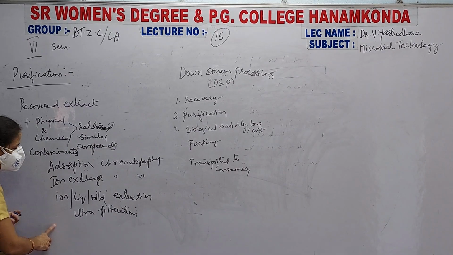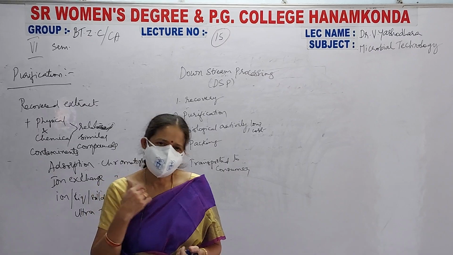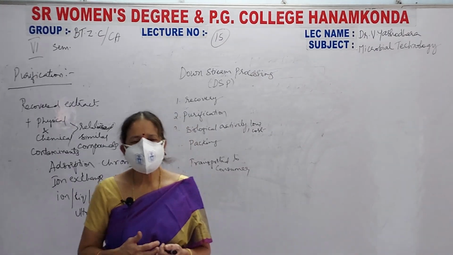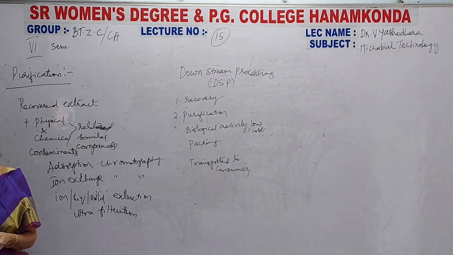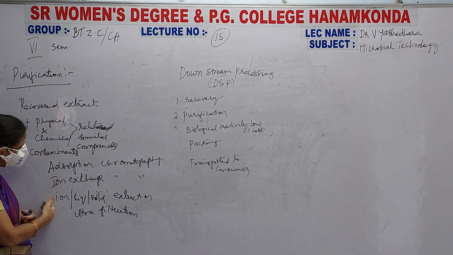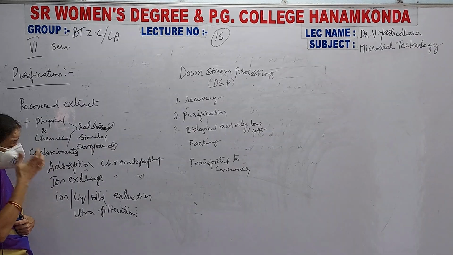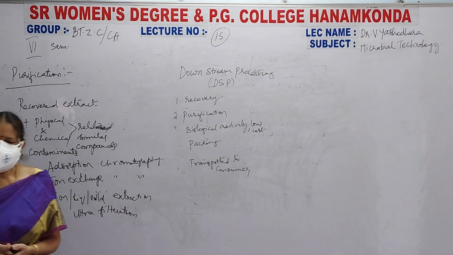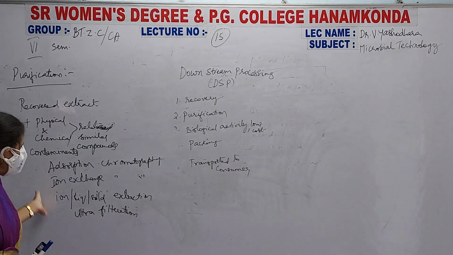This is done based on the preference of the producer. If a manufacturer is producing the product based on his interest or preference, he will be purifying the product by taking any of these steps. Any of the methods can be followed depending on the preference of the producer.